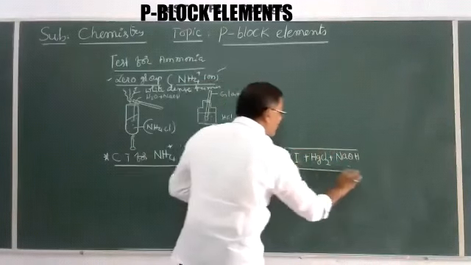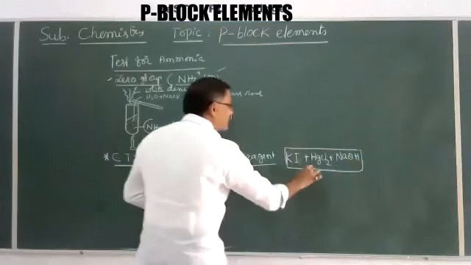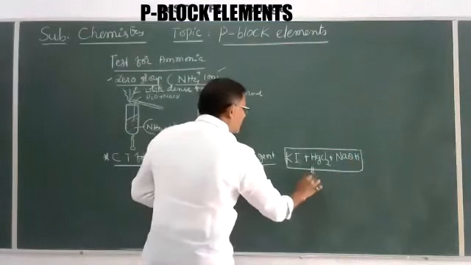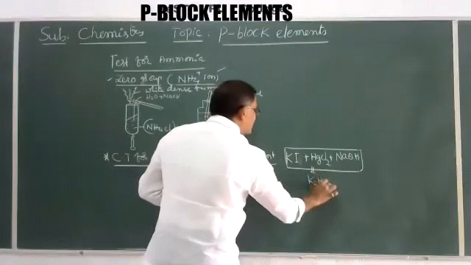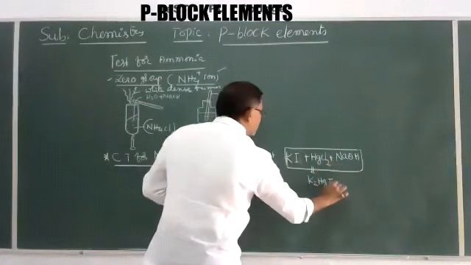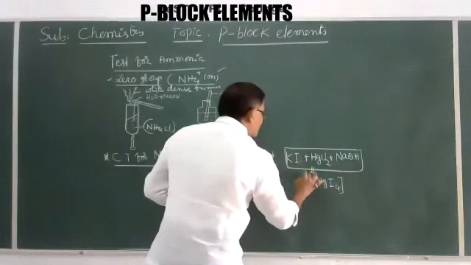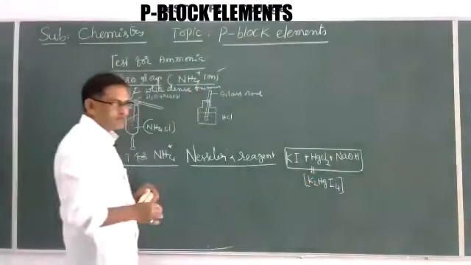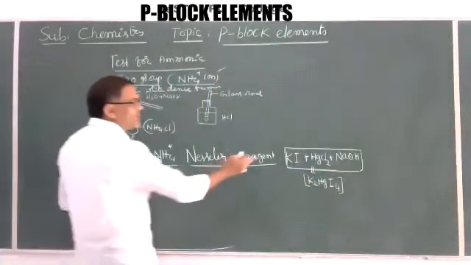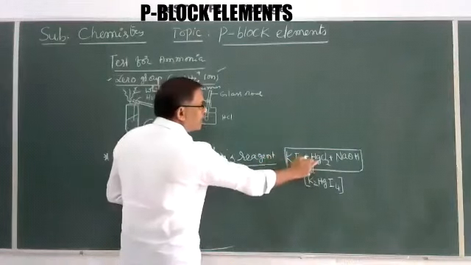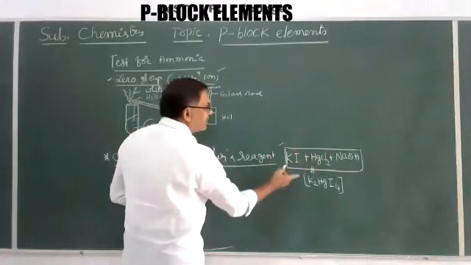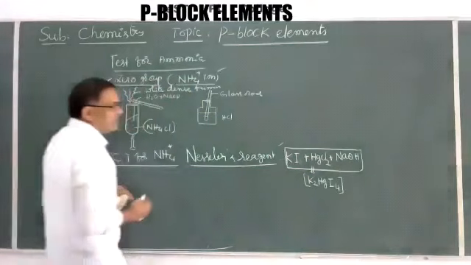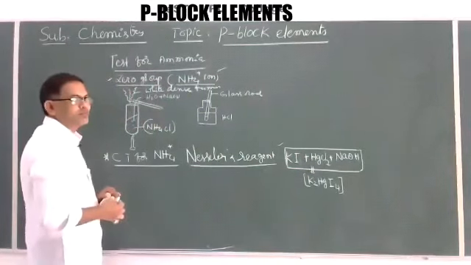So in Nessler's reagent, we have potassium iodide, mercuric chloride and sodium hydroxide in combination. Finally, we get a complex, K2HgI4.